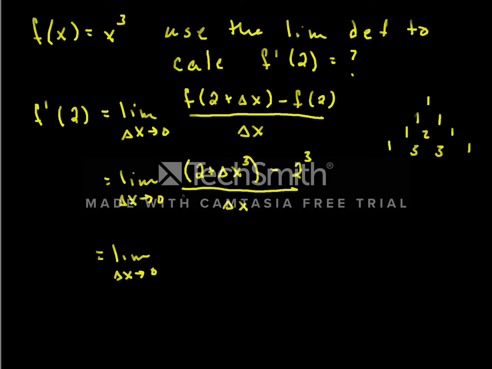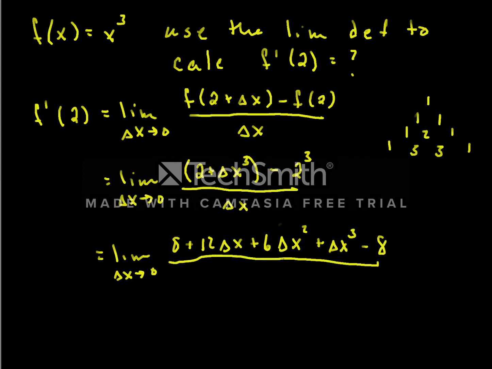So this will be 2 cubed, that's 8, plus 2 squared, 4, times 3, which is 12 delta x, plus 2 times 3, that's 6 delta x squared, plus delta x cubed, minus 8, still all divided by delta x.